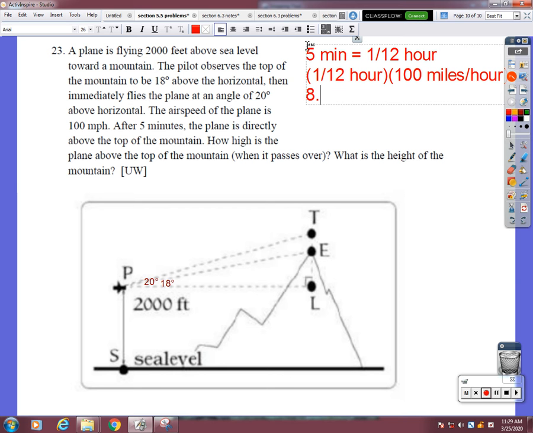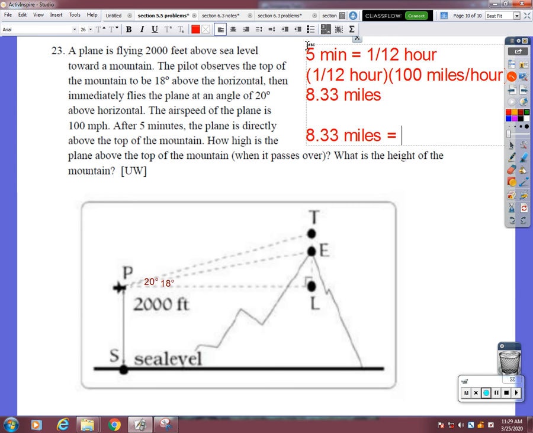Is that miles? Yeah, okay. All of our other measurements are in feet, so I need to change that into feet by multiplying by 5,280.